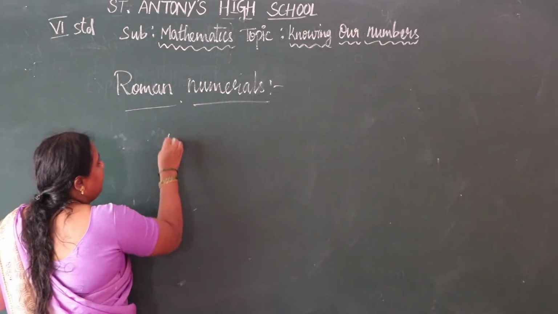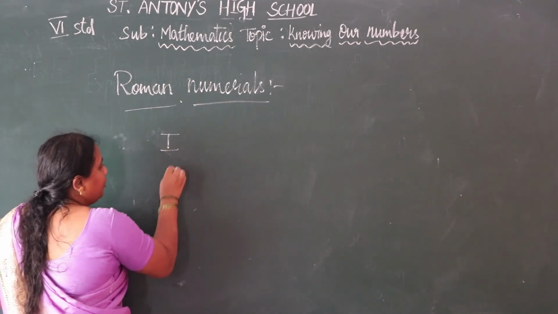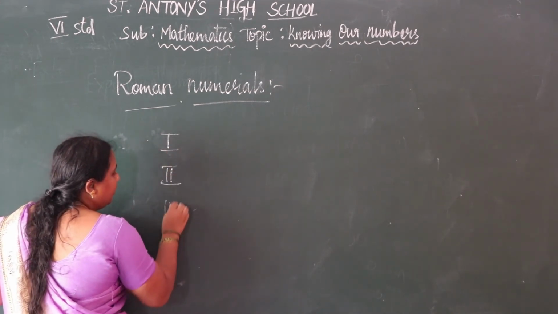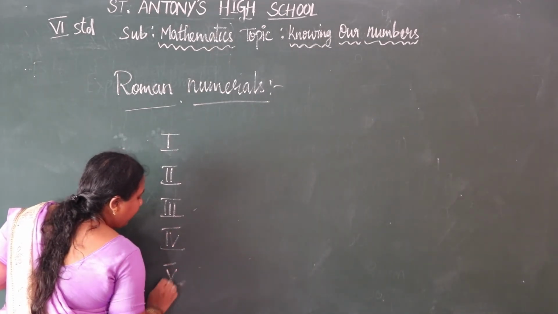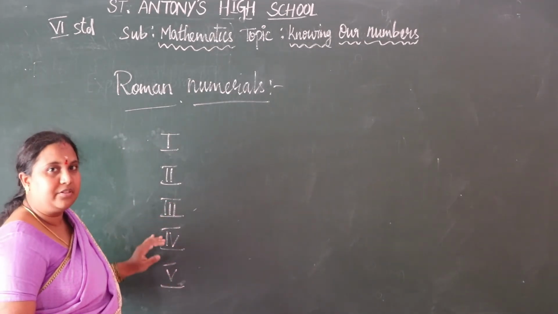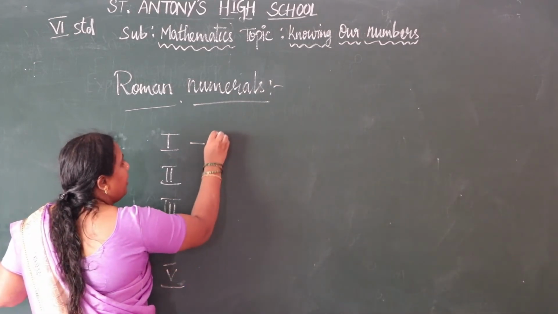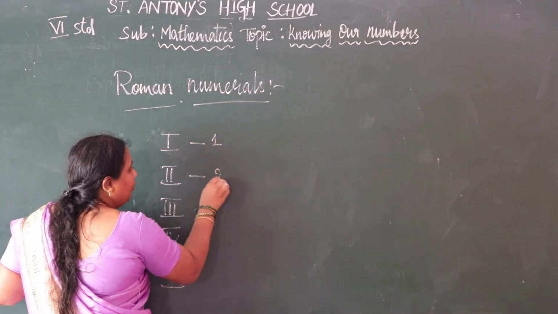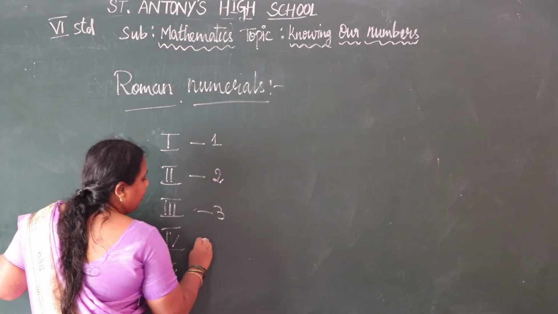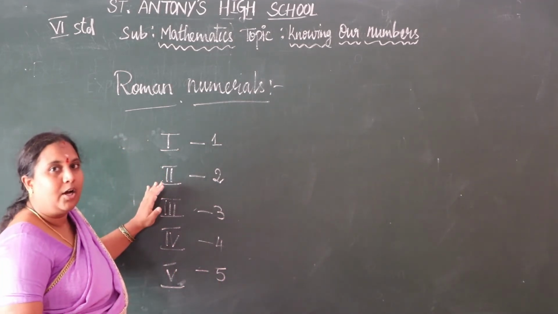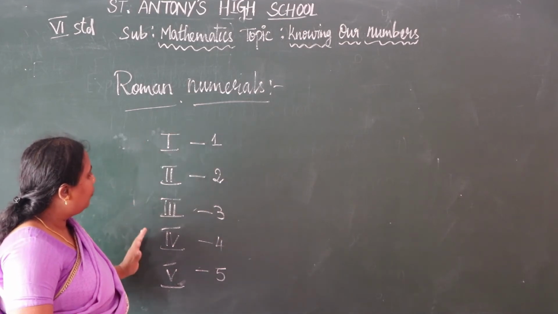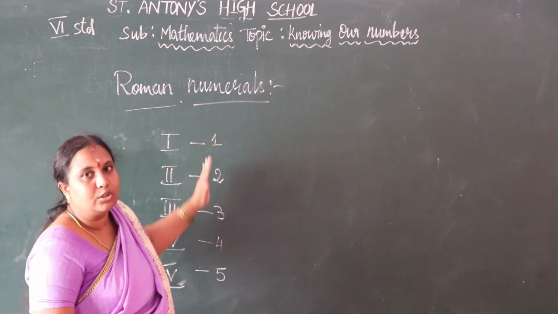So what are the Roman numbers? This is 1, 2, 3, 4, 5. Okay, so like this we are writing. So we are calling these 1, 2, 3, 4 and 5. Okay, it is given. So this is Roman numerals and this is math numerals.